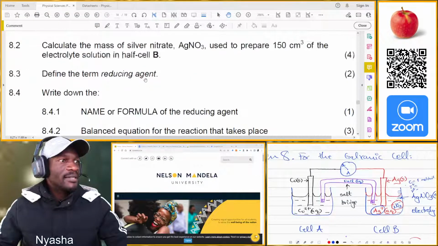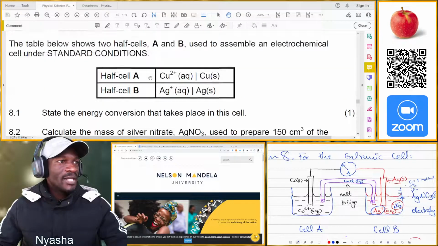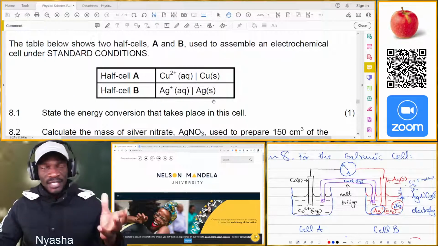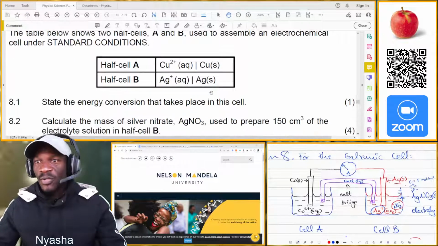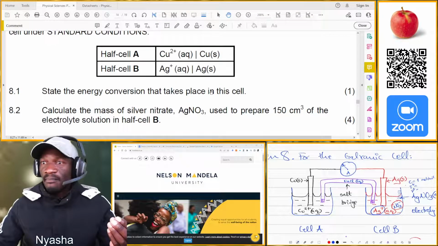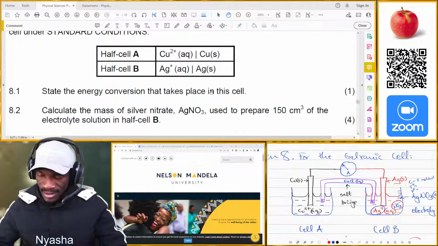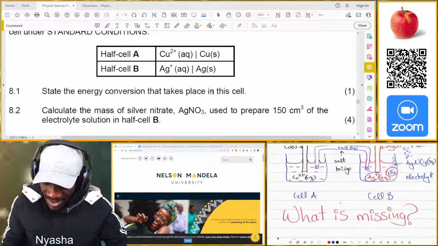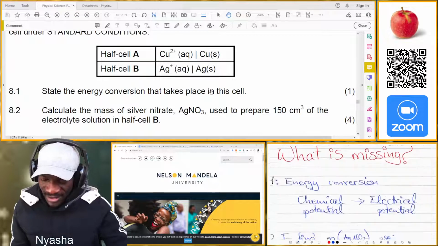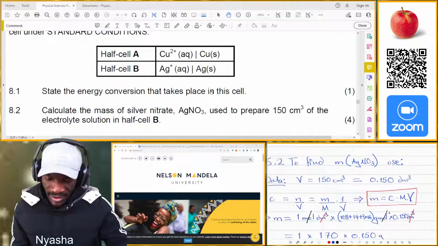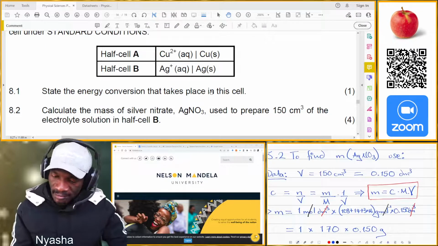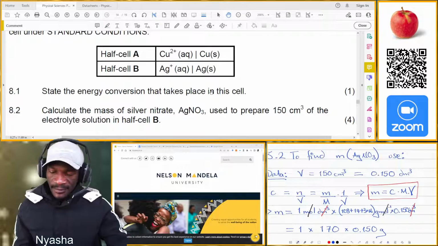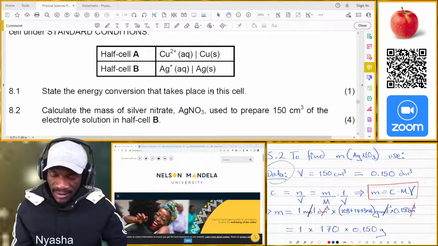There we are. So in question number 8, we already stated the energy conversion process. We already calculated the mass of the silver nitrate. Do you still remember that? Yes, we also looked for what was missing in the cell. I hope you still remember that. So we said if we want to calculate the mass of the silver nitrate, we obviously need to collect our data first.